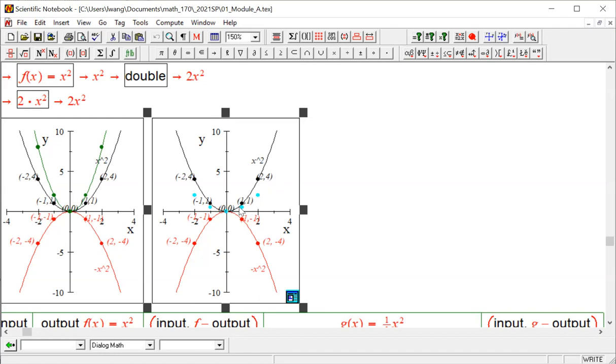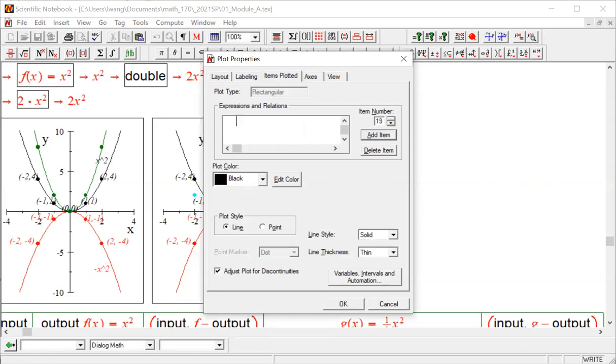So the blue dots, if we're connecting them, you see the green dots, which is 2x squared, is more narrow. The blue dots, however, is wider. So if we connect these blue dots, we will have half x squared, okay, the blue curve.